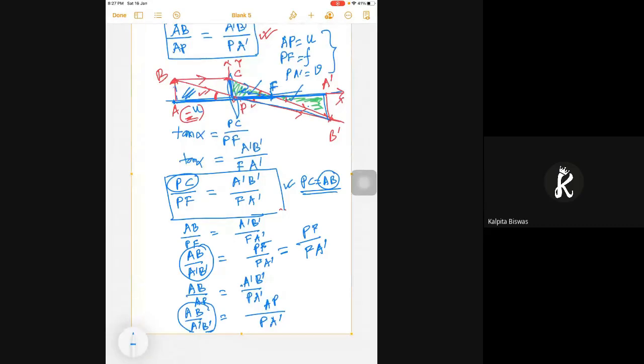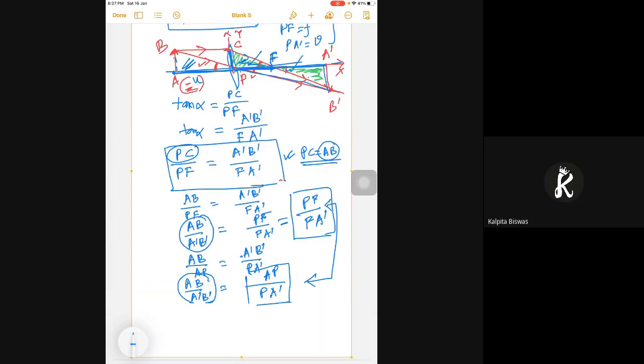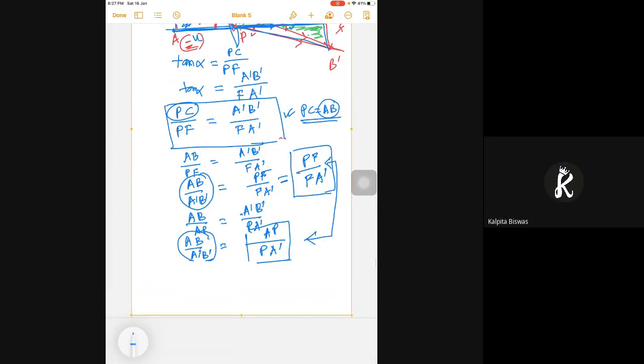From these two equations, I can equate this one with this one, means I can put PF by F A dash equal to AP by P A dash.